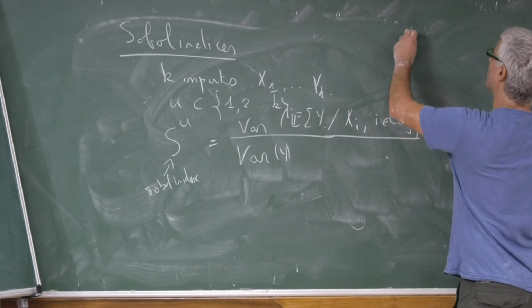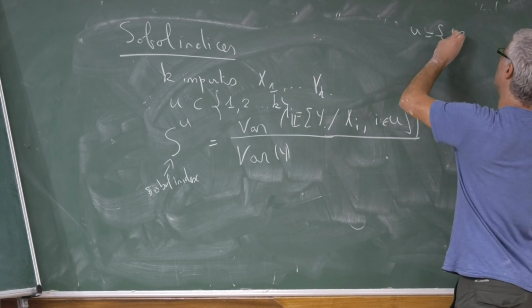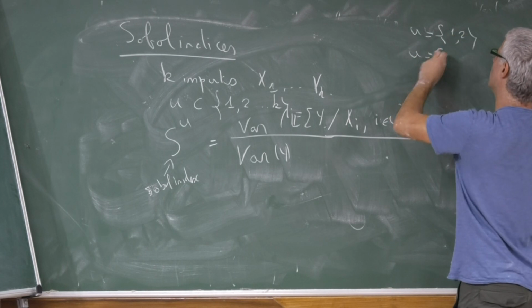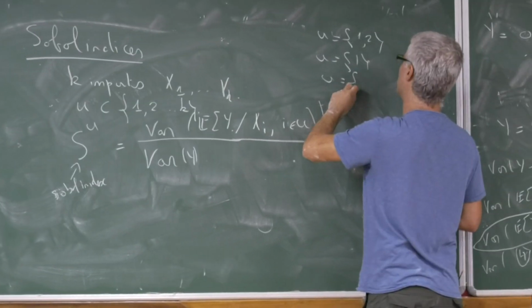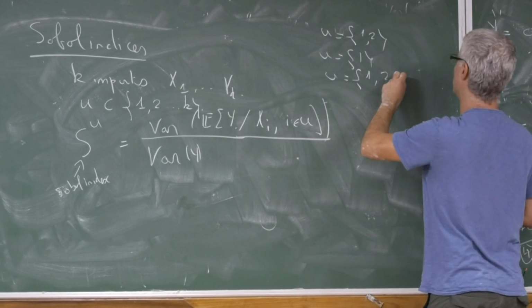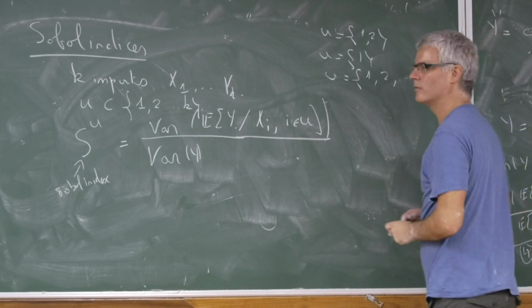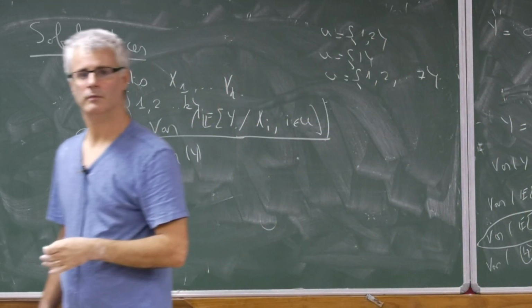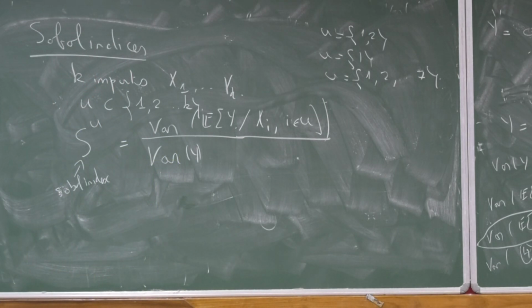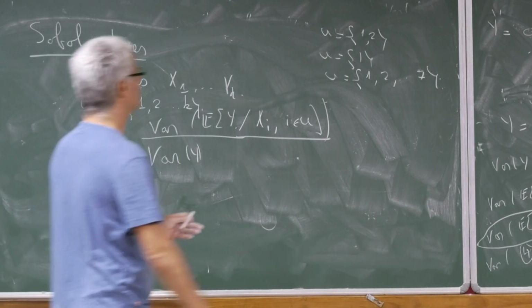So for example, U could be 1, 2, U could be 1, U could be 1, 2, 7, just for example.